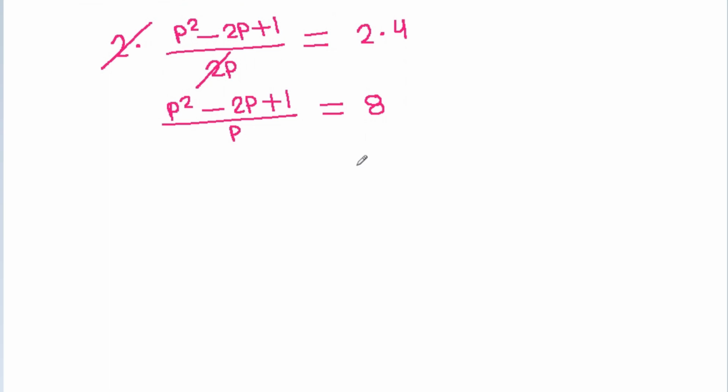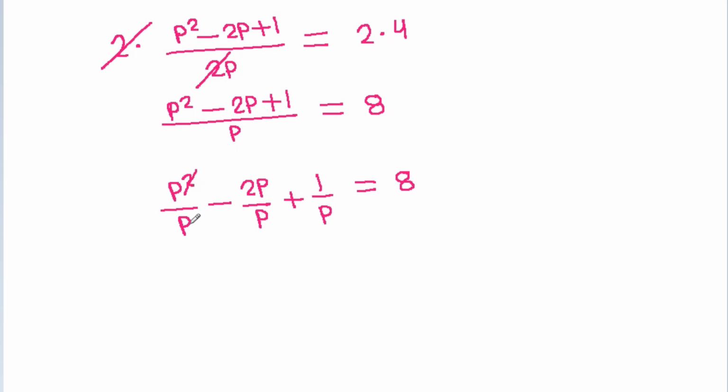And it is p square by p minus 2p by p plus 1 by p, that is equal to 8.